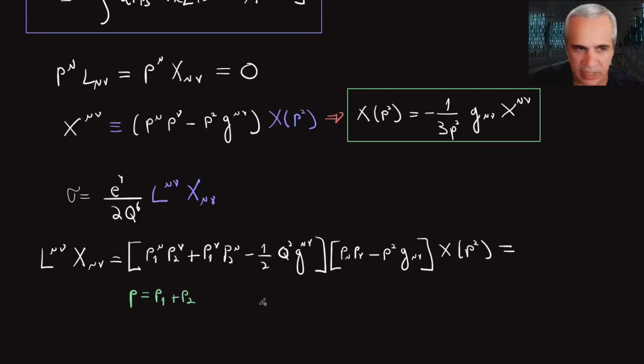And also Q², that's another important one, which is P times P, can be written as (P1 plus P2) times (P1 plus P2). P1² is 0, P2² is 0. That means that this is 2 P1 scalar P2. So every time that P1 appears multiplying P2 here, I can exchange that for Q² over 2. So all these products are either 0 or proportional to Q².